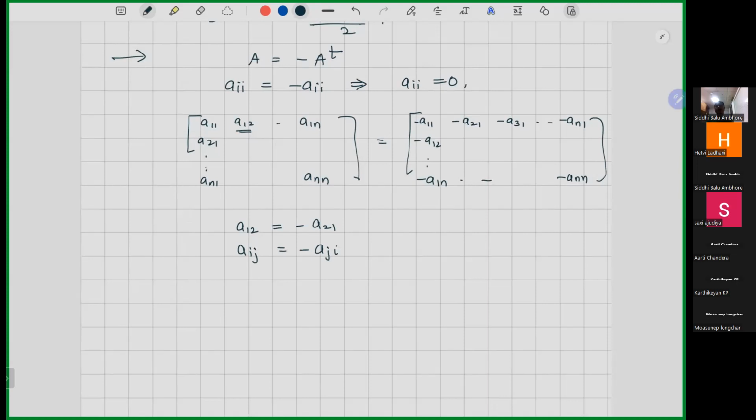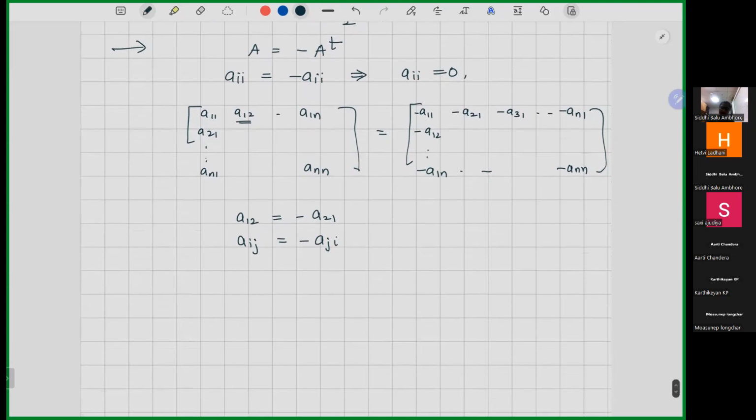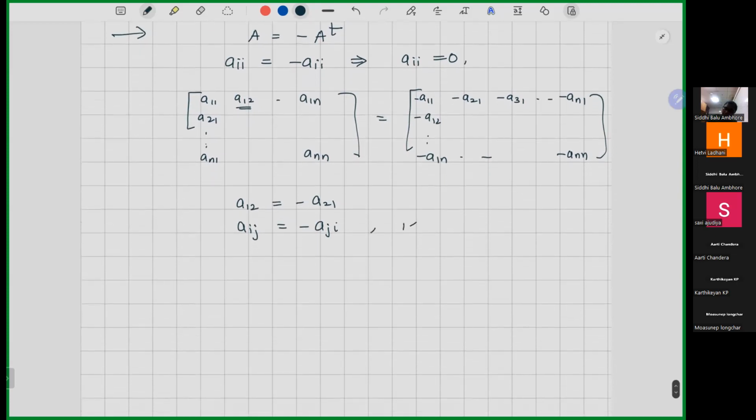Yes, exactly. As Hetvi said, it will be n minus 1 by 2. And I will explain again how it will be. This is when i is equal to j, and this is when i is less than j.